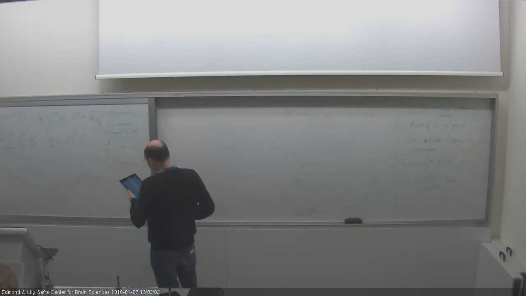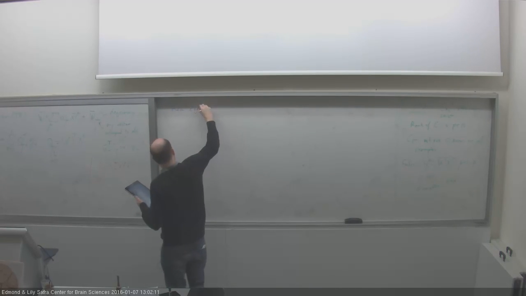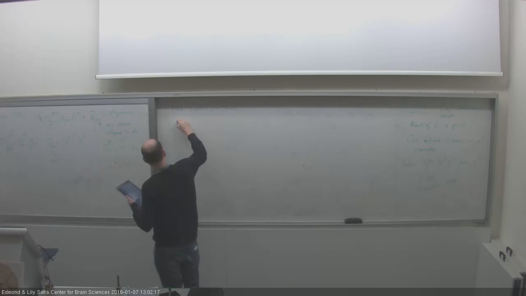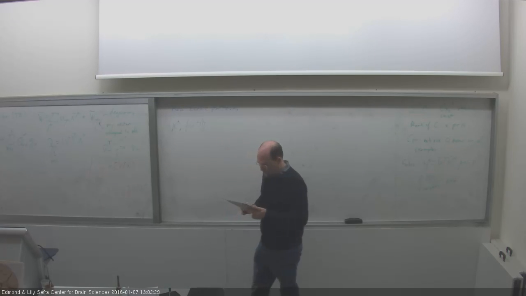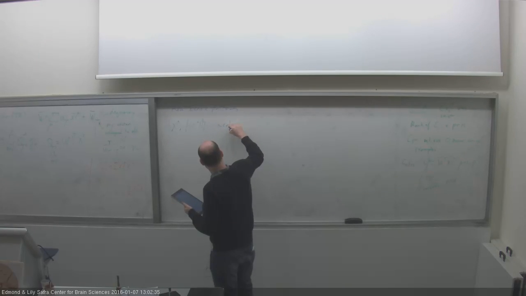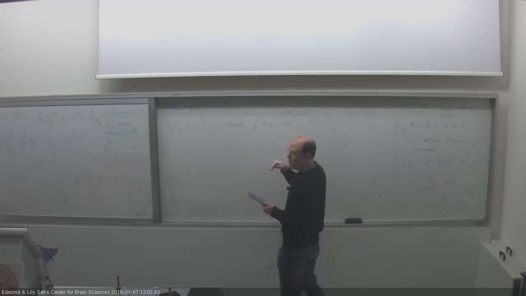So a set of patterns x mu, or inputs x mu, which corresponds to some f of x mu, is called realizable by our architecture. In our case, it's a linear architecture.